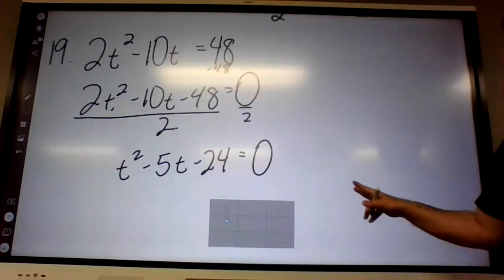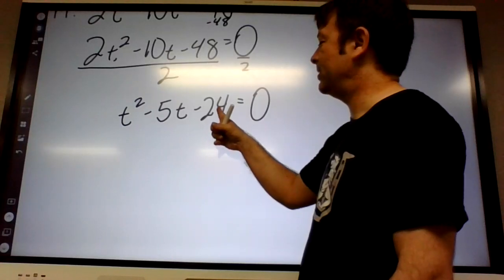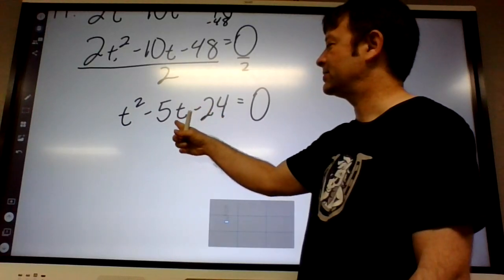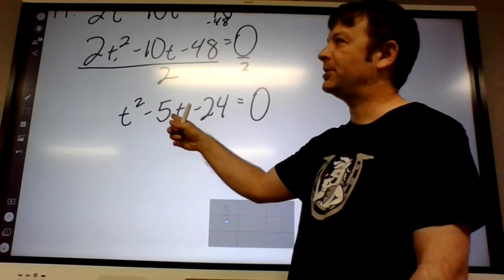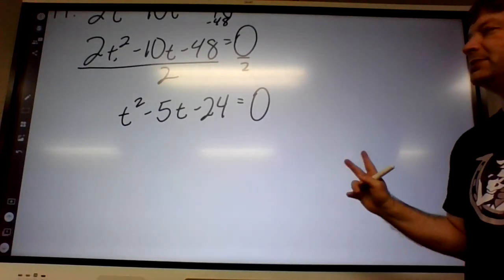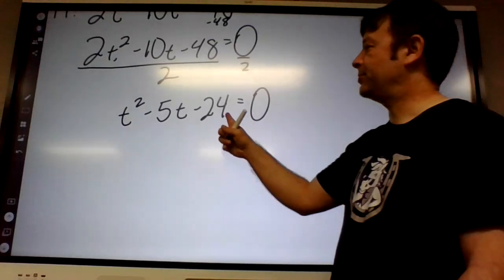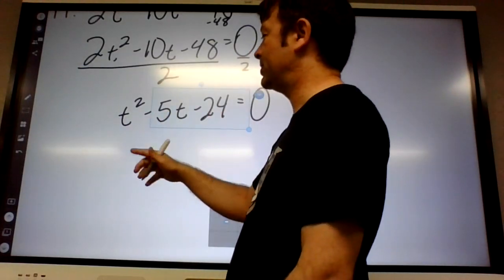Add your like terms. Oh wait, no you can't. They're not like terms. Is this going to factor? Does anything that goes into 24 add up to -5? I don't think so. Wait, hold on. 8 and 3. 8 and 3 multiply into 24 and they add up to -5.